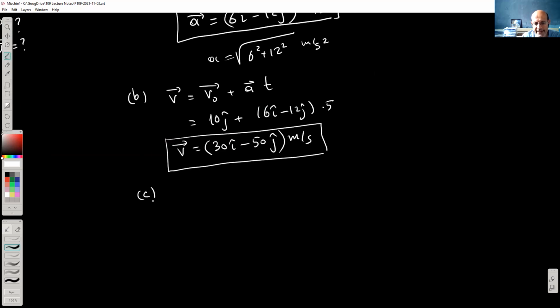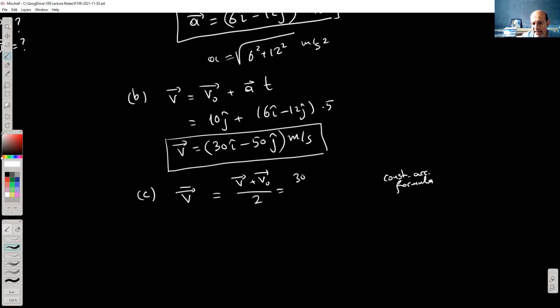All right, part C. What's the average acceleration? I can use these two formulas. One formula is basically the arithmetic average of the initial and the final velocities. That's a constant acceleration formula, and that formula is only valid if the motion is a constant acceleration motion.